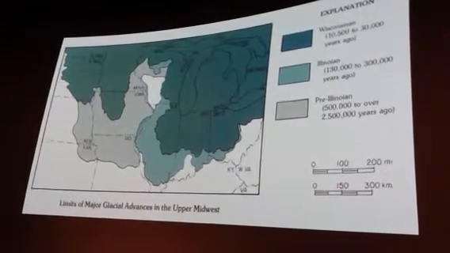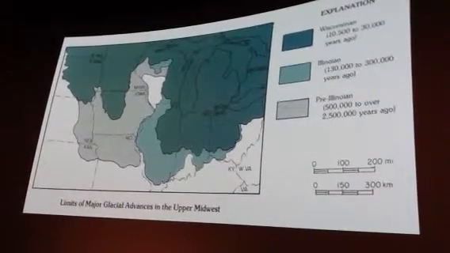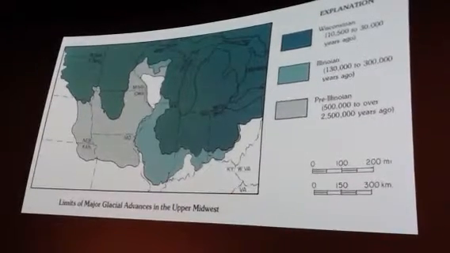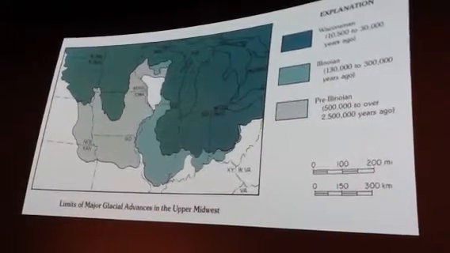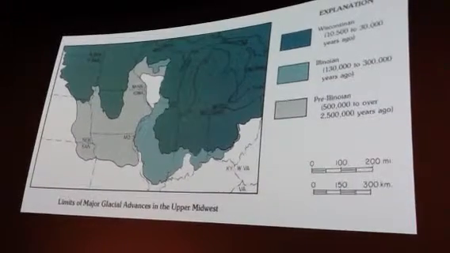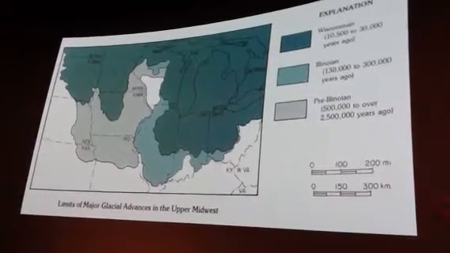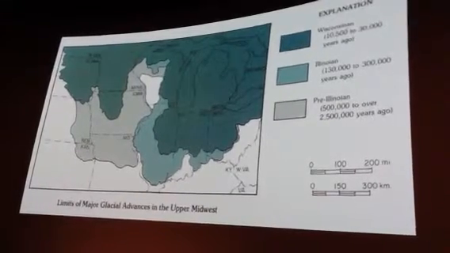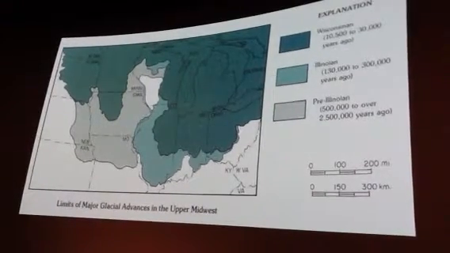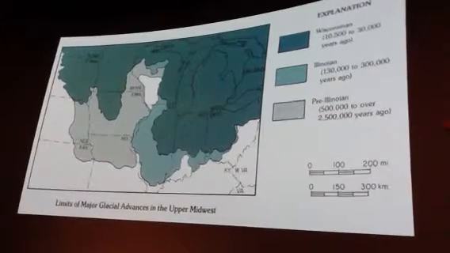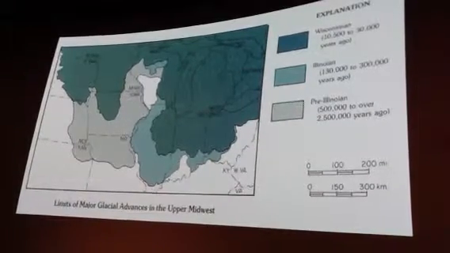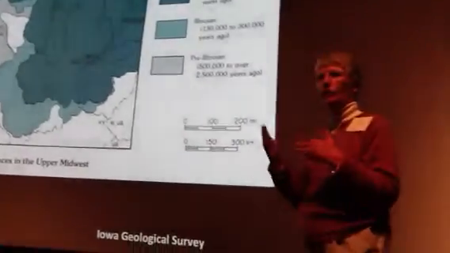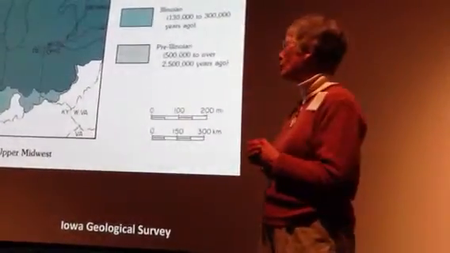So these various glacial episodes during the Quaternary period of geologic time, there were numerous advances of glacial ice over Iowa at different times. As you look at this map, you can see the two most important ones that we have in Iowa. One, the older one, we refer to as the pre-Illinoian, which actually encompasses 7 or 8 different glaciations, which geologists are still trying to sort out.